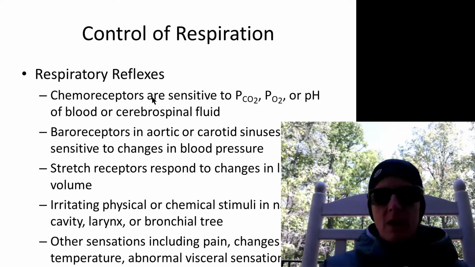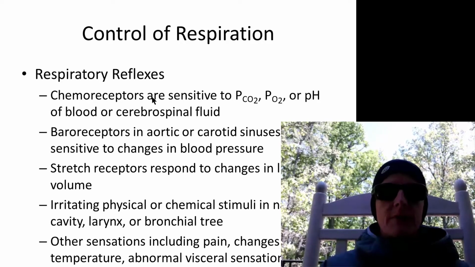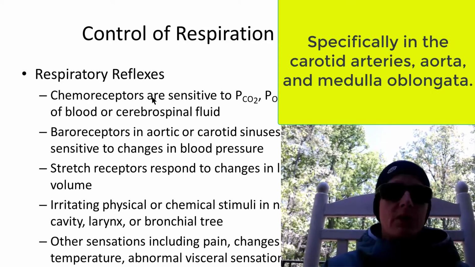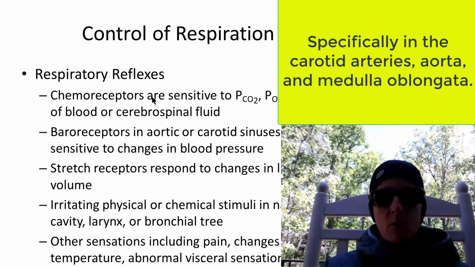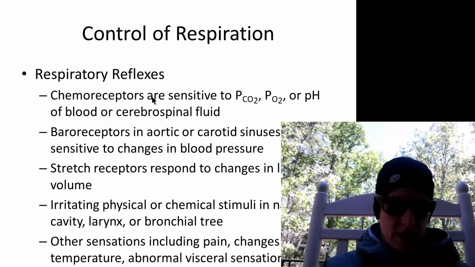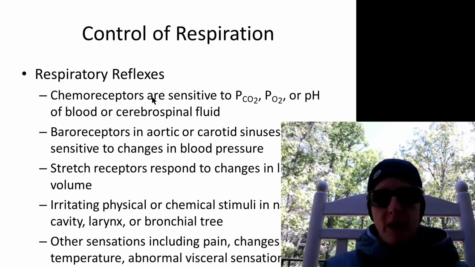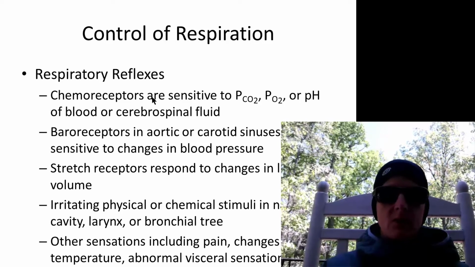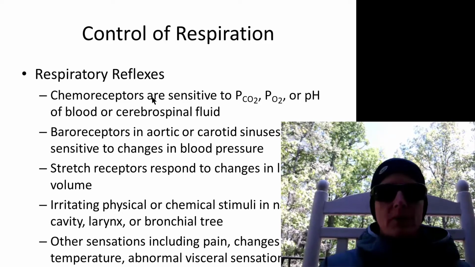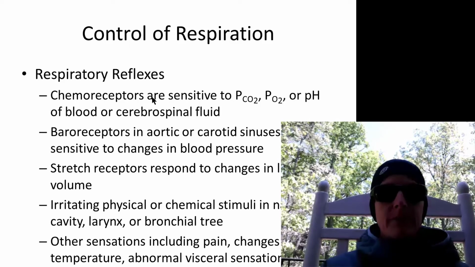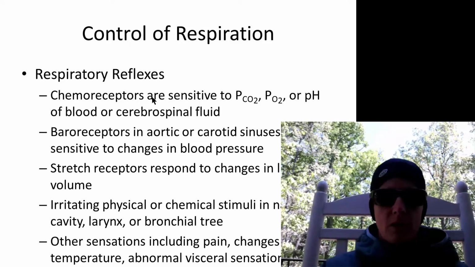And we'll see that we're going to have these receptors, these baroreceptors and chemoreceptors all over the body that are going to give us information about the partial pressures of dissolved gases and the pH. This is going to be important because it's going to help us regulate our breathing and coordinate breathing and cardiovascular function.